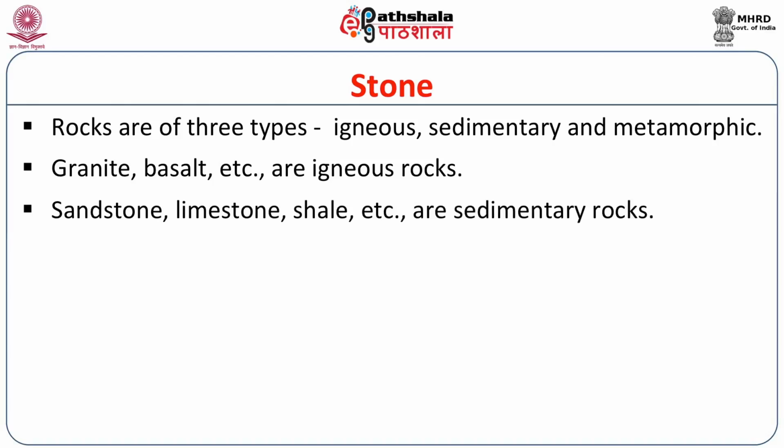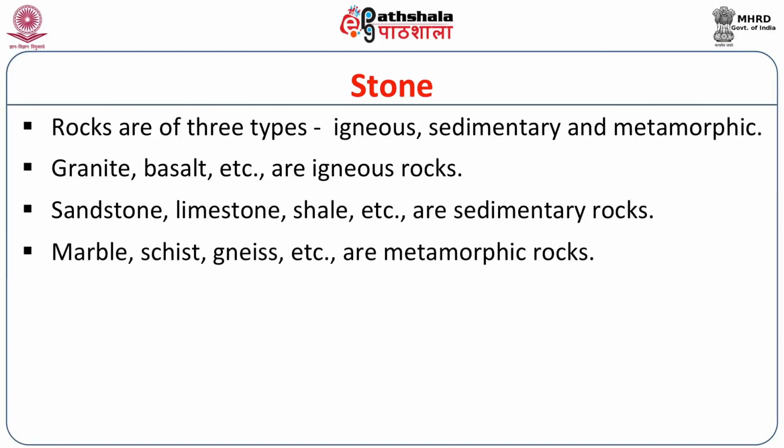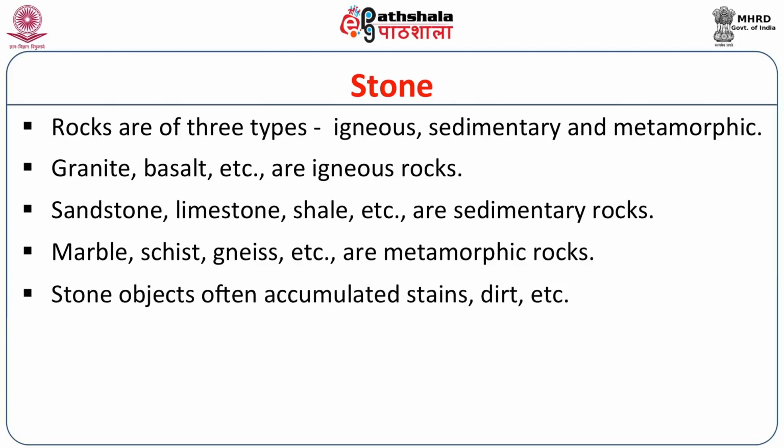Sandstone, limestone, shale, etc. are sedimentary rocks, and we all know that marble, schist, gneiss, etc. are metamorphic rocks. Stone objects often accumulate stains because of their very beautiful white or light color.